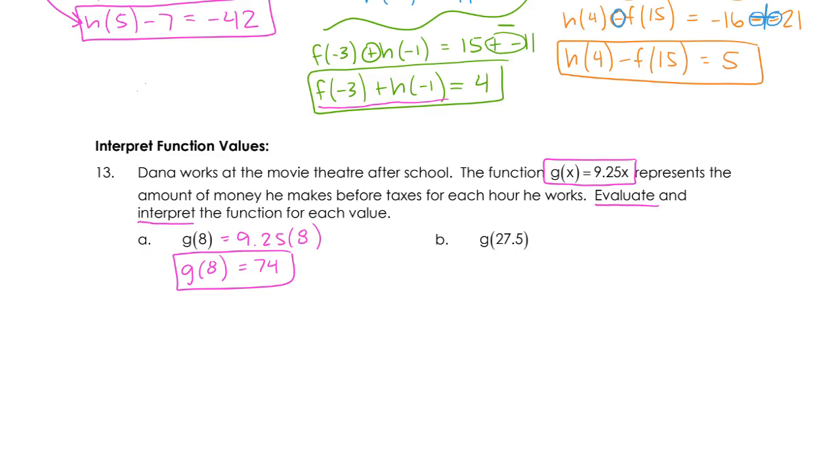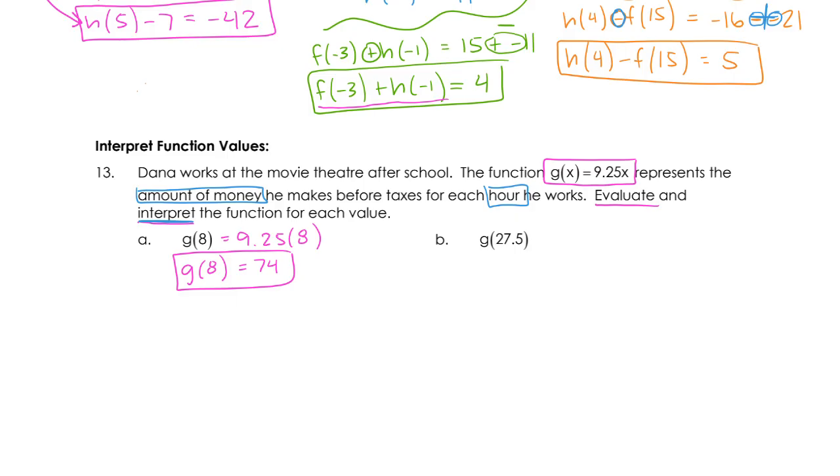That is our first answer. Now, that was just the evaluate part, but again, we have to interpret the function, meaning write a sentence. So we are talking about the amount of money he makes for each hour he works. So if you think about it, you have to know how many hours you work before you know how much you get paid. So you have to think about which one's your independent and your dependent variable, aka which one's your x and your y.